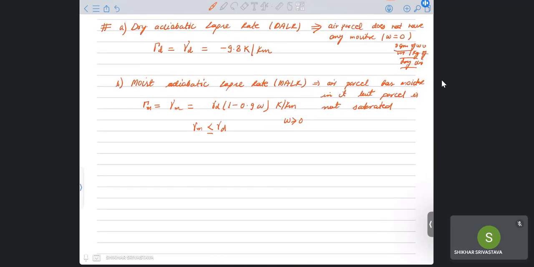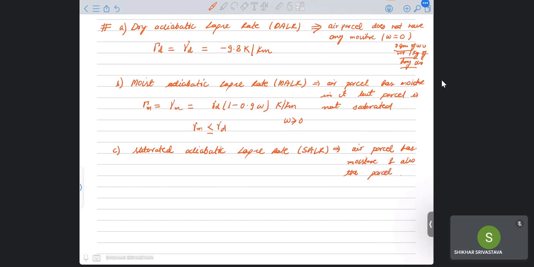Okay, now the third case is the saturated adiabatic lapse rate, which is SALR. This is for the air parcel which has moisture, and also the parcel is saturated.